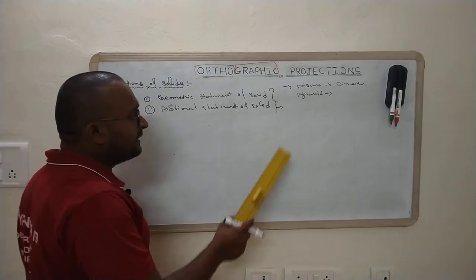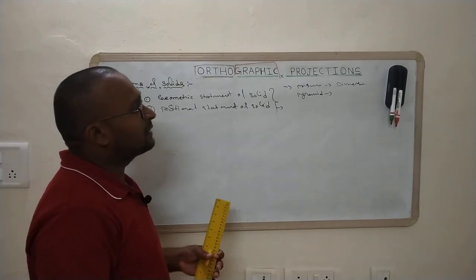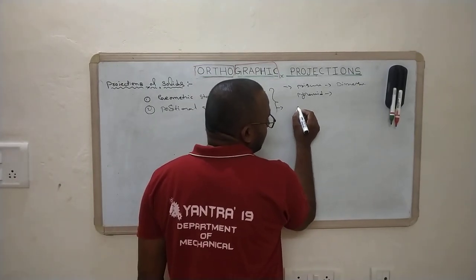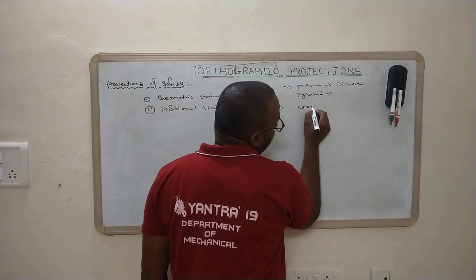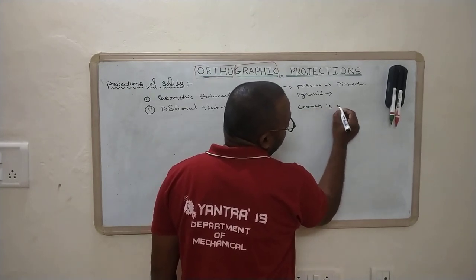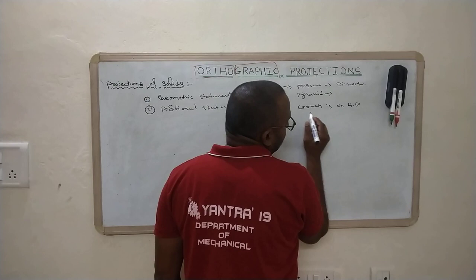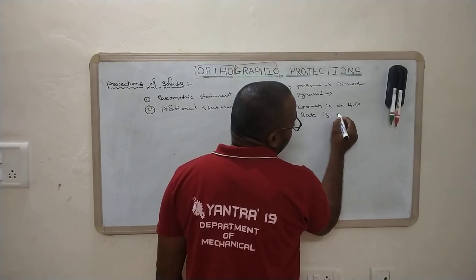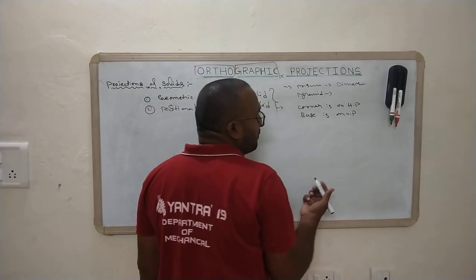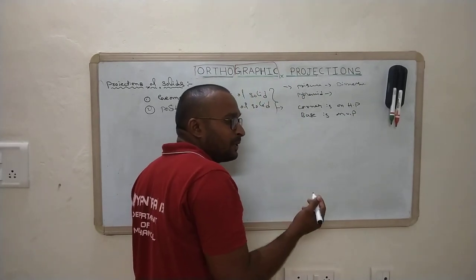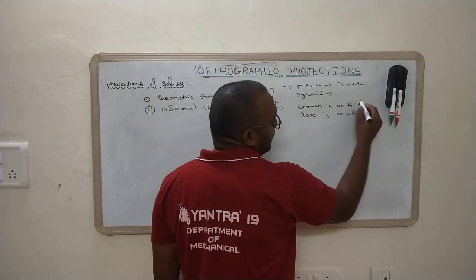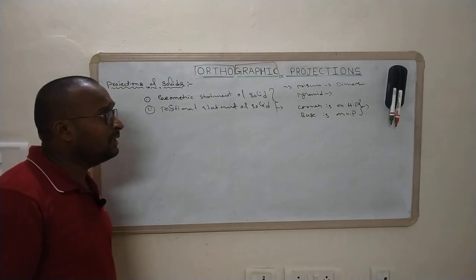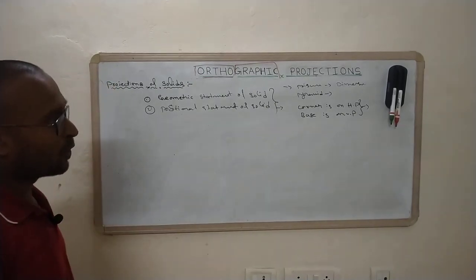If it is inclined to both the planes, then a few terminologies may come, like corner on HP, base on VP, in front of VP, base on VP and above HP. So several positional statements will be given, and based upon that statement we need to solve the projection of solids problems.